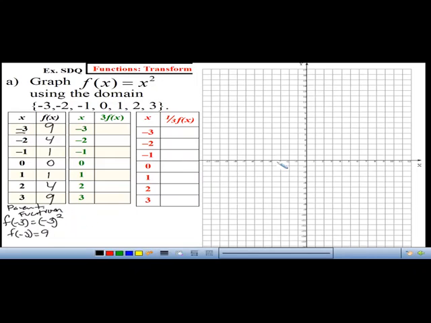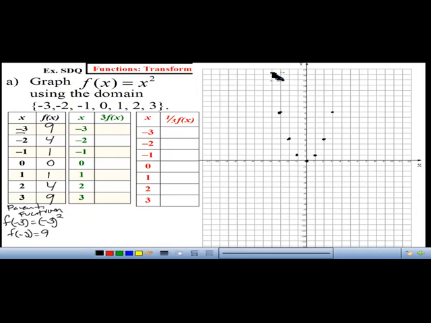Negative 3, 9. Negative 2, 4. Negative 1, 1. 0, 0. 1, 1. 2, 4. 3, 9.